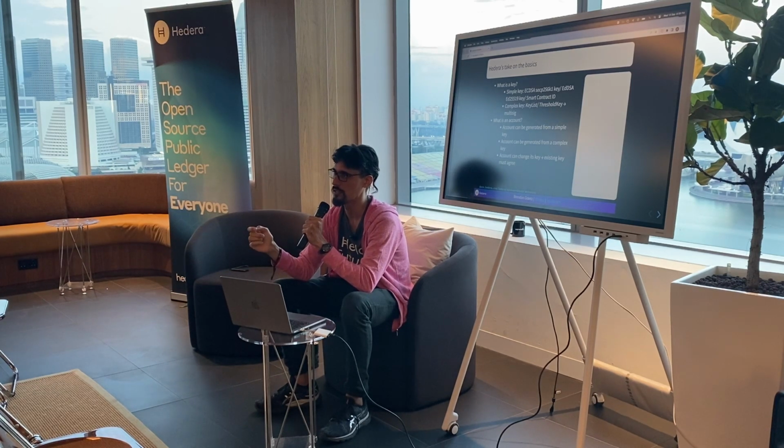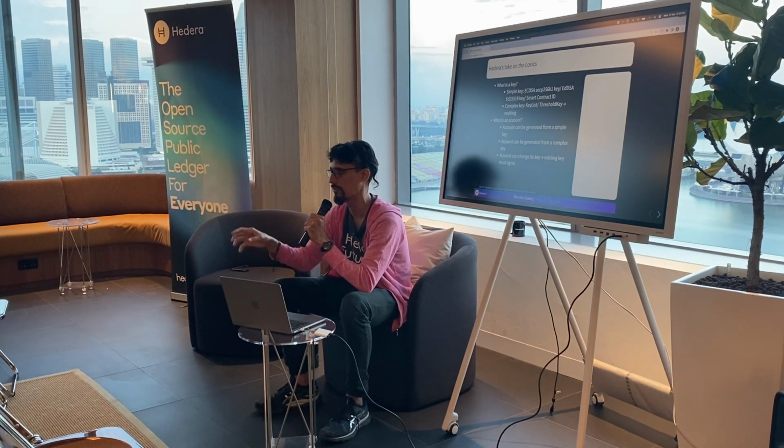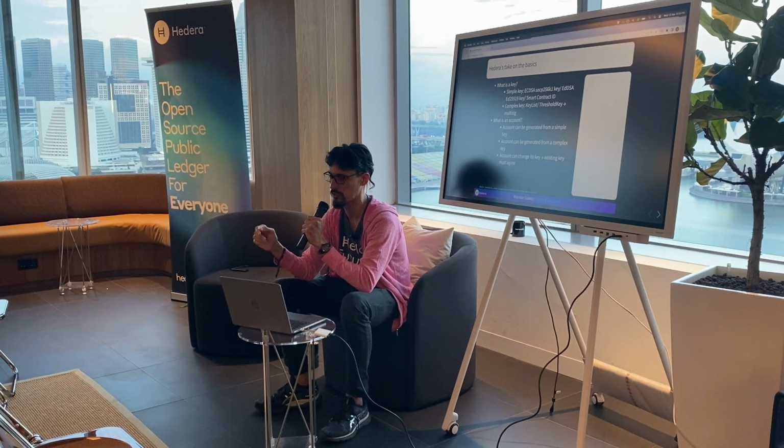The other thing that is important to point out is that when you create an account with Hedera, you have an initial private key, and you can say, okay, I don't like this anymore. I'm going to switch it to a different private key or a different complex key that consists of new private keys. So you have all of these options, right?